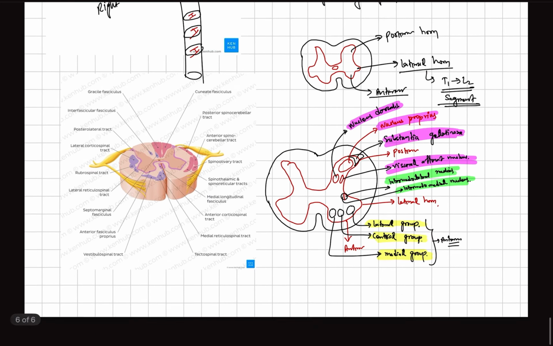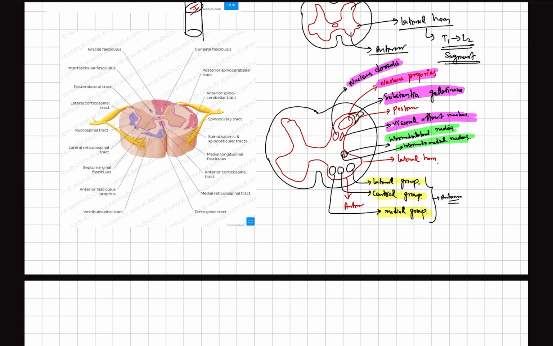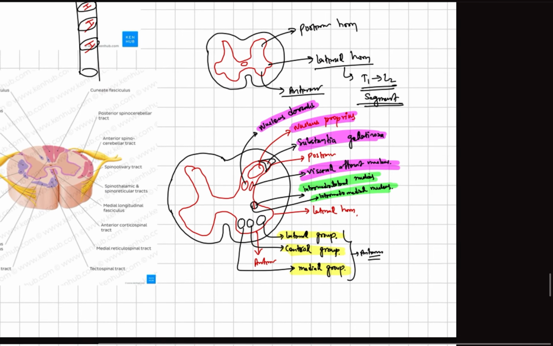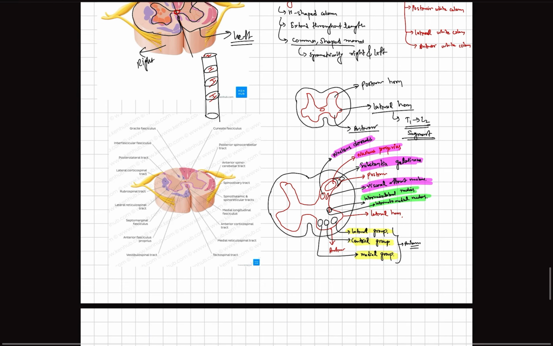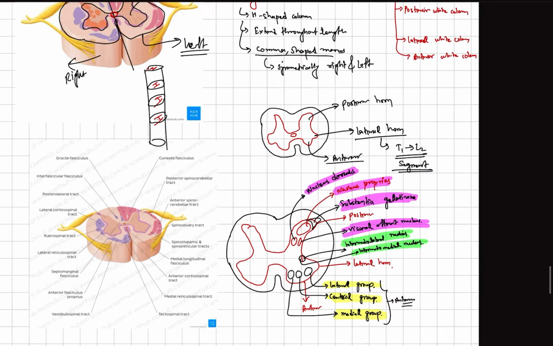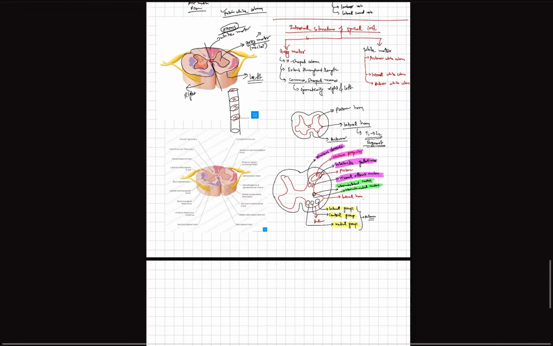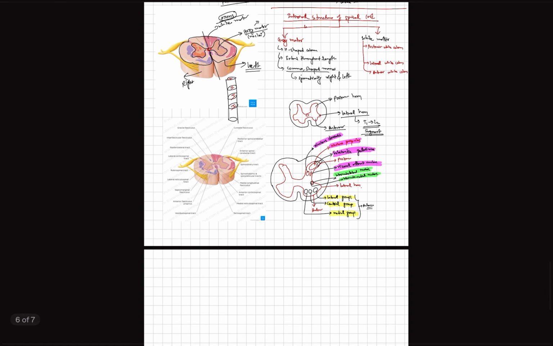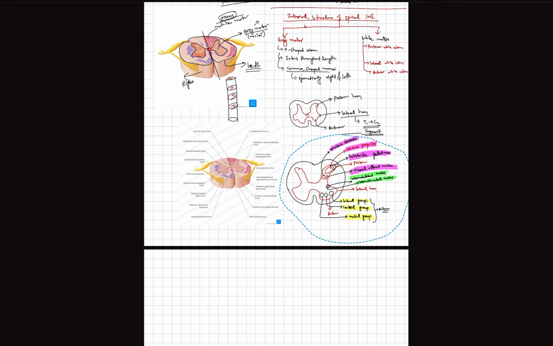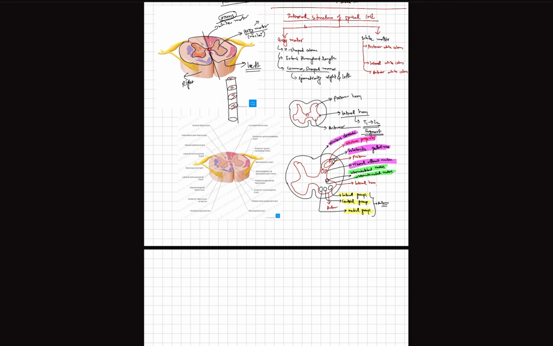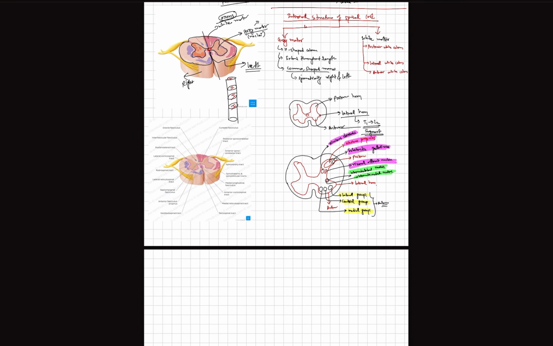Now moving on to these nuclei and their functions. I think it does not need drawing again; we will use this image to better understand the function.